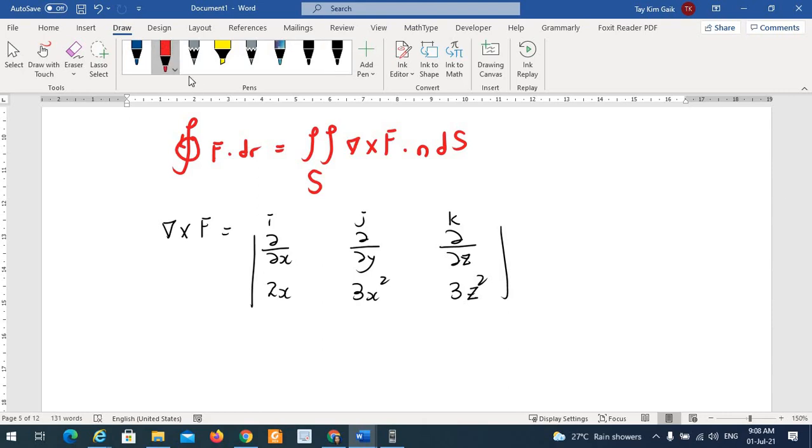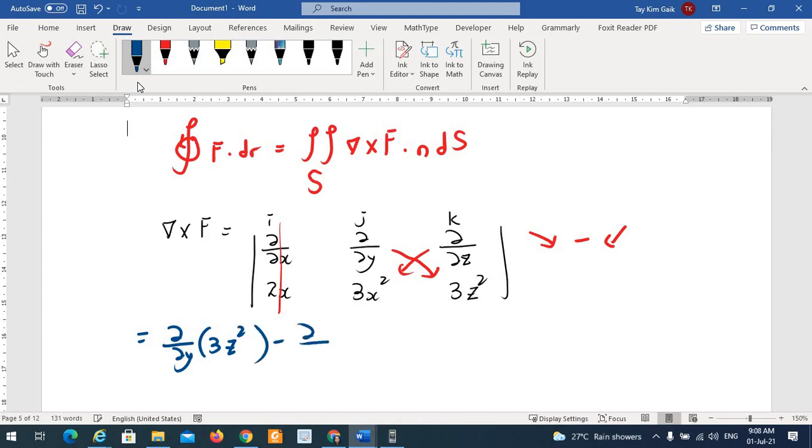Okay, now to get the component i, you cross out your column i. Then you find the determinant of the 2 by 2 matrix in here. j cross k, the answer is positive i. So you have del del y 3z squared. Doing cross product, make sure you do it carefully. You have del del y 3z squared minus del del z 3x squared, this is the component i.